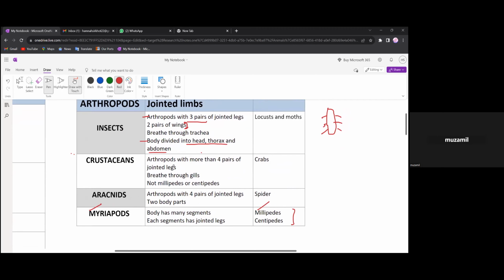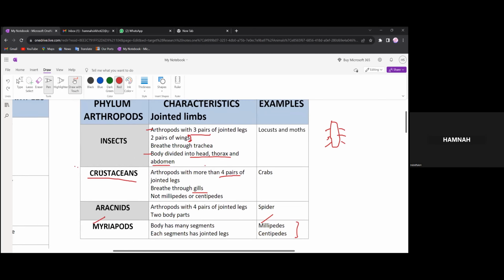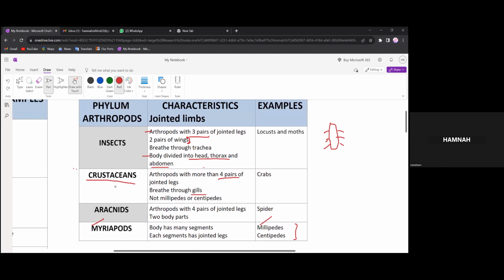So, quickly. Crustaceans have more than four pairs of jointed legs, and they're like fishes. They breathe through their gills. Whenever you see the word crustacean, just think of sea insects, like crabs.